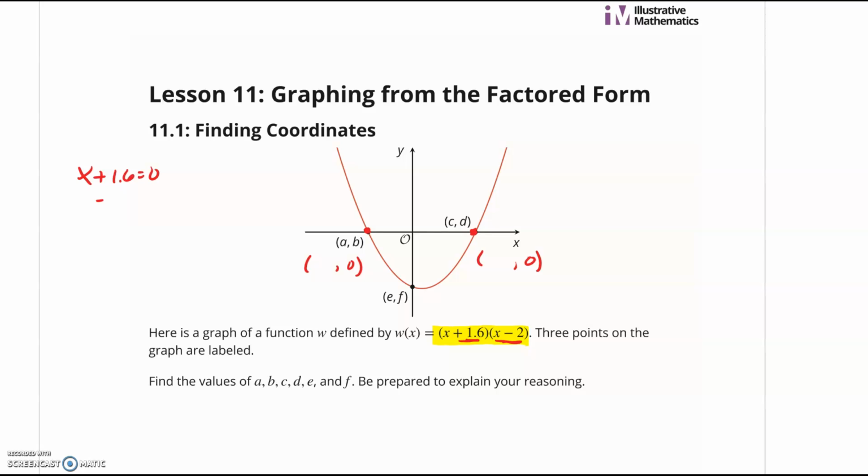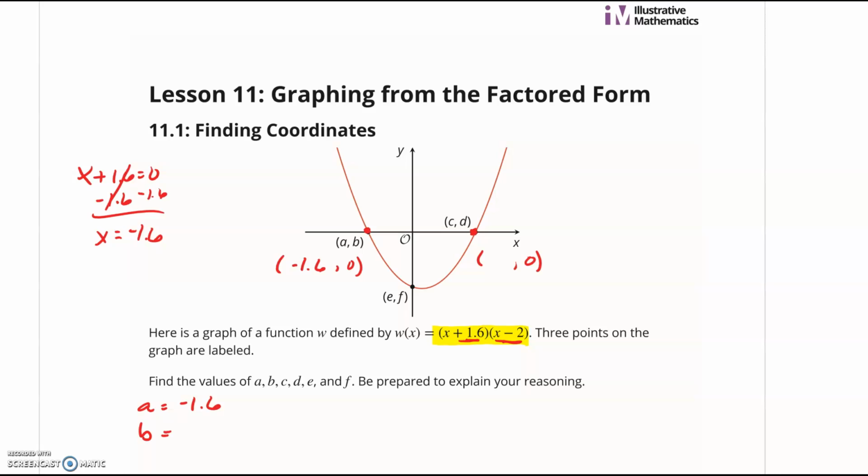And I will solve this by subtracting 1.6 from both sides. And that gives me an x value equal to negative 1.6. So that means that this first point has to be negative 1.6 comma 0. So I know the value of A is negative 1.6.